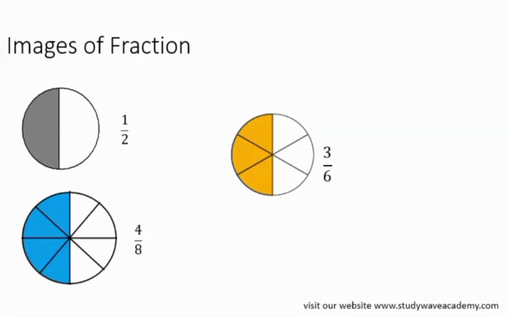And we count that 4 parts are shaded. That's why the numerator is 4 and the denominator is 8. I hope we understood this exercise.